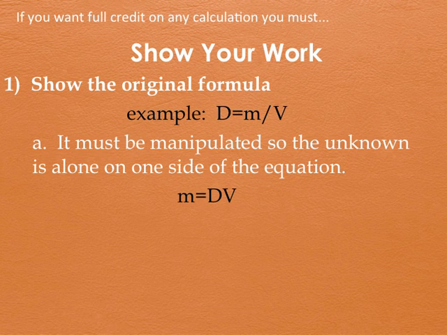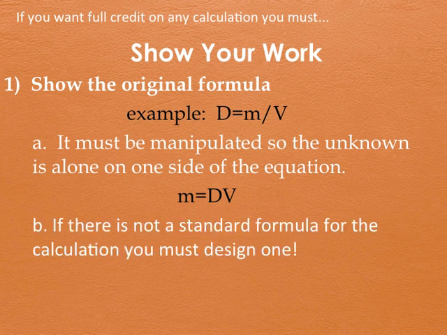We'll go over how to manipulate equations in class. It's in your handbook, which you don't have yet, but we'll get it, so we'll deal with that at a different time. Another thing is, if there is not a standard formula for the calculation, you have to make one up. If you are looking for density or velocity or pressure or volume, there's always a formula already made up that you can use.